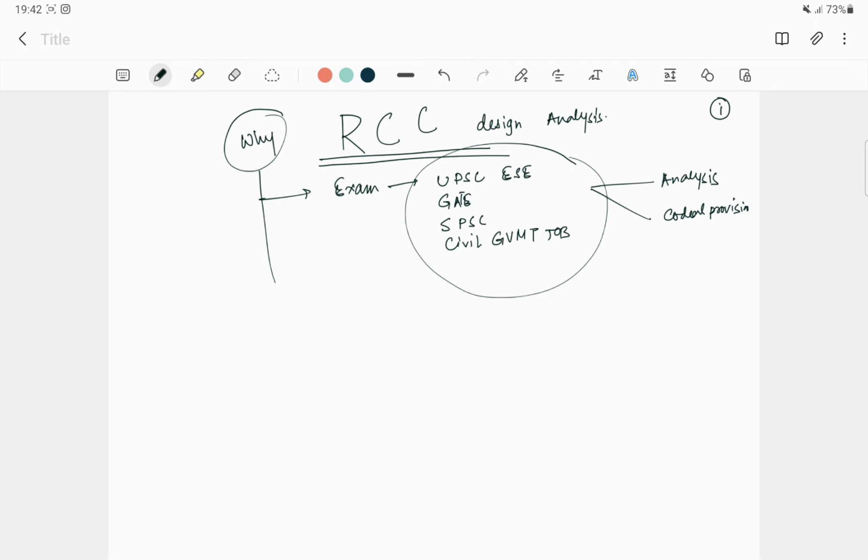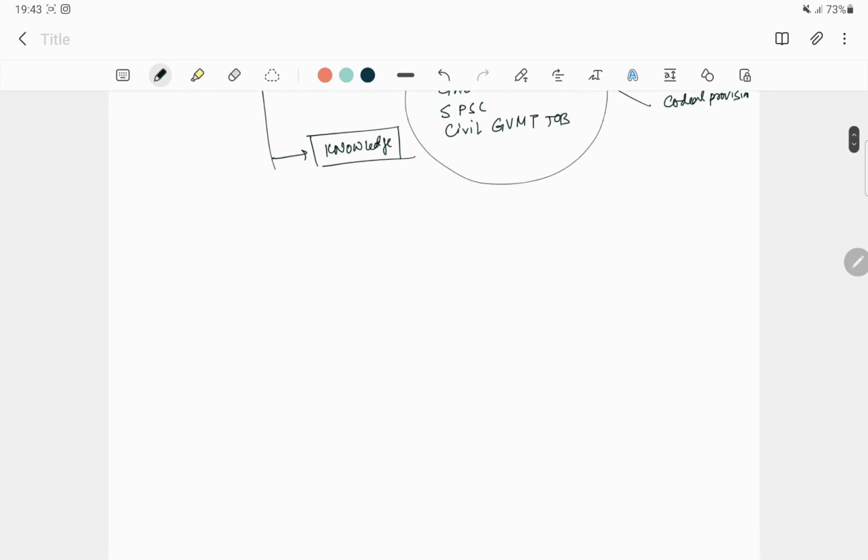But if you consider the knowledge point of view, then why do we have to read RCC? Every civil engineer's dream is to build something. It may be a road, a building, or any kind of structure.